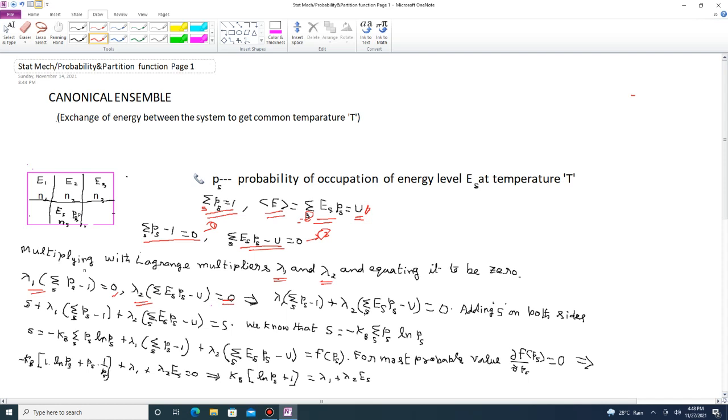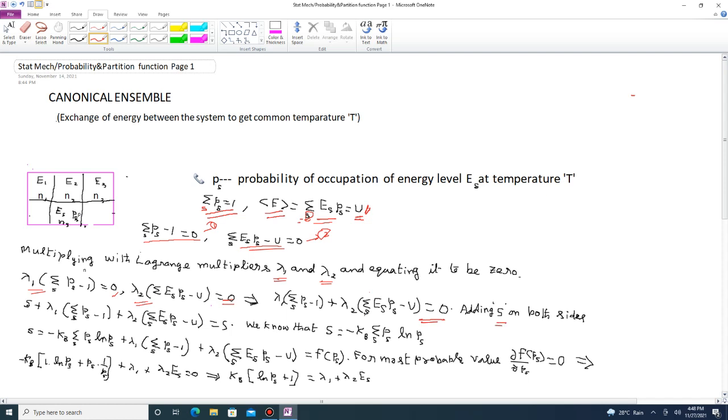Adding the two equations, we get lambda 1 into summation over S of Ps minus 1, plus lambda 2 into summation over S of Es Ps minus U. This must be equal to 0. So from equations 1 and 2, you multiply lambda 1 with 1 and lambda 2 with 2 and add, and you get this equation.